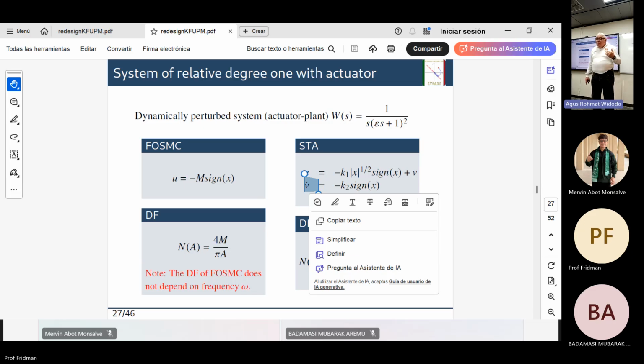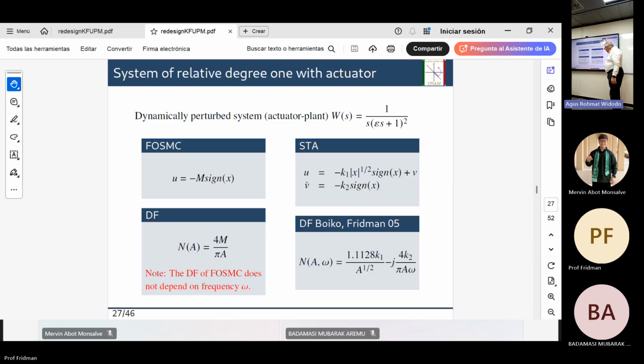K2 should cover not perturbations, but the derivative of your perturbation, because it is in the second line, you see, what you are able to compensate, you need to have perturbations. So that is why K2 should be adjusted, taking into account the derivative of your perturbation.